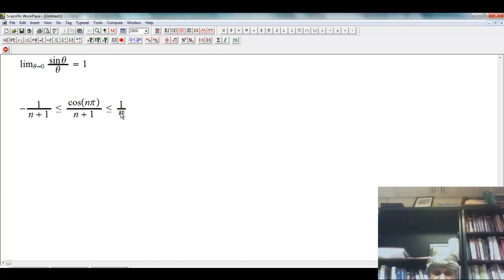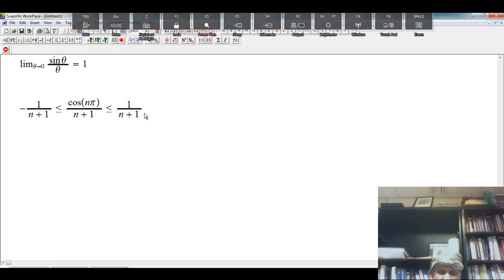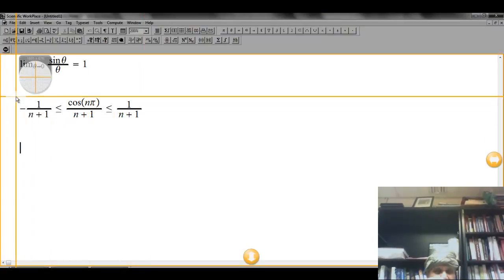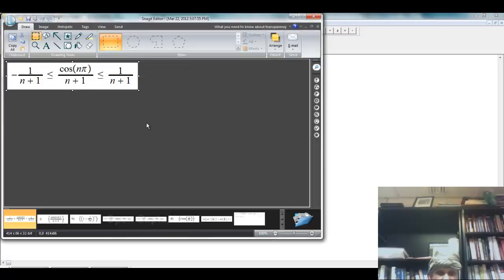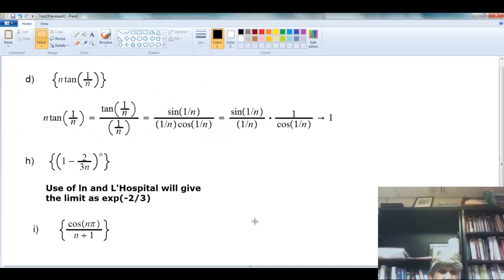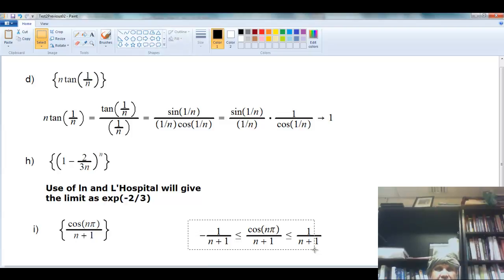If you have cosine of n pi divided by n plus 1, cosine of a quantity always lives between -1 and 1, right?